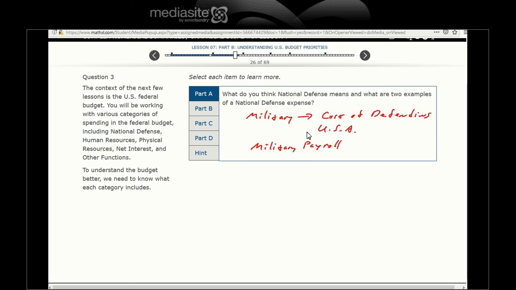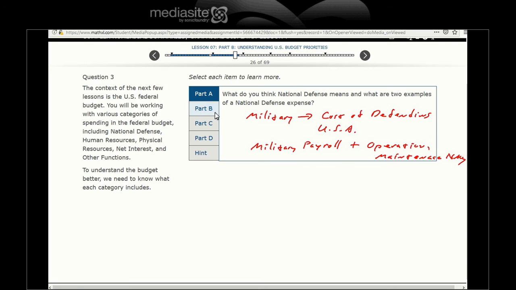In other words, the cost of paying the people. And from my Navy days, O&M, operation and maintenance, Navy. There's also operation and maintenance, Air Force, Army, and so forth.